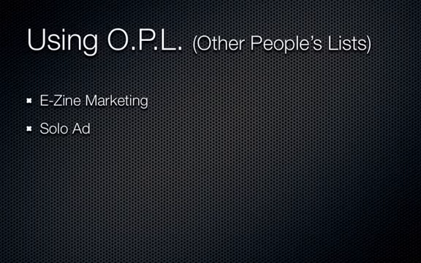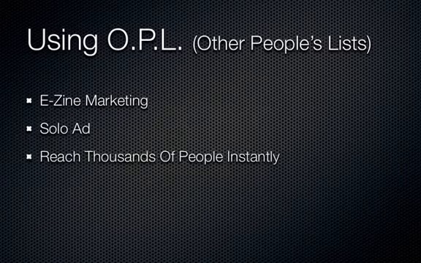So right away you can reach potentially hundreds of thousands of people using other people's lists for very minimum cost. I'm talking about 20 bucks or 30 bucks, or sometimes $15, sometimes maybe $60. But you can pay $50 and reach hundreds of thousands of people who will get your offer directly in their email inbox. How cool is that?